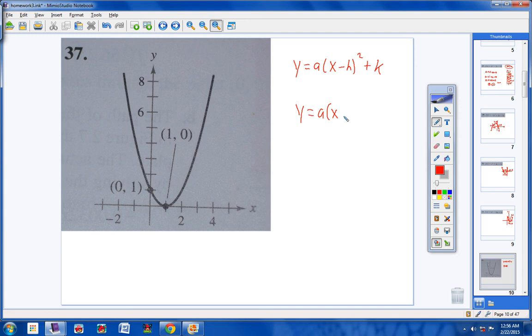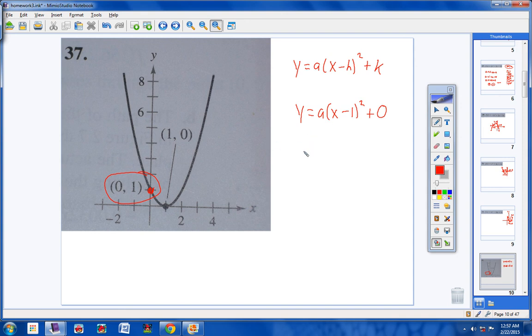It's a positive 1, so I'm going to put a negative 1. Quantity squared plus for k, I'm going to put a 0. Alright. Now, what I did there is I took the vertex 1, 0, and I substituted or plugged it into this model. Now all I have to do, students, is take this other ordered pair right here and substitute those values in for x and y so that I can see what a is.